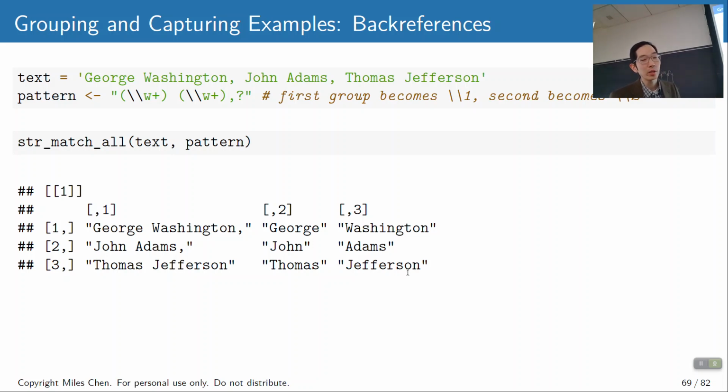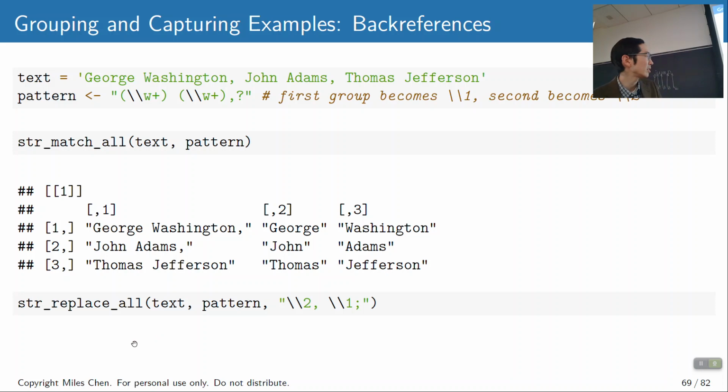Then, if I wanted to, I can replace this pattern of word characters, space, word characters, comma. Anytime you match that pattern, replace it with a back reference to the second capture group, Washington, followed by a comma and space, followed by the first capture group, which would be the first name, followed by a semicolon.